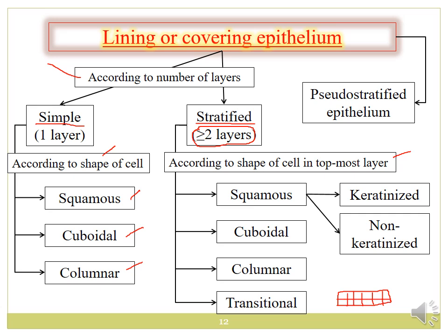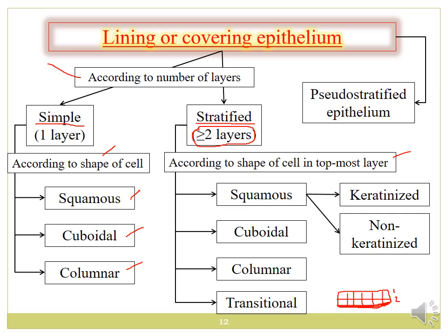So here's an epithelium. I have two layers. This is one layer and this is the second layer. So this is a stratified epithelium. And this is the basement membrane, or the basal lamina. As we said, all epithelia have basal lamina under them. So I have two layers.